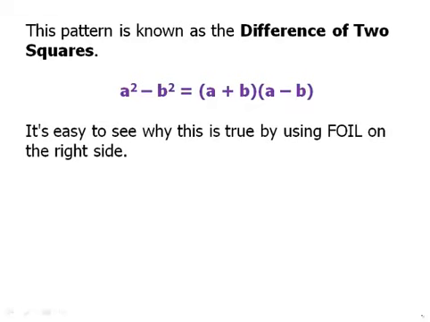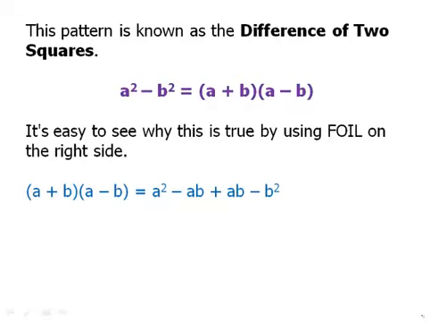It's easy to see why this is true by using FOIL on the right side. So we just start with a plus b times a minus b, and then simply FOIL out. Well, product of the first terms is a squared. Product of the outer is a times negative b, that would be negative ab. Product of the inner, a times b, that would be ab.